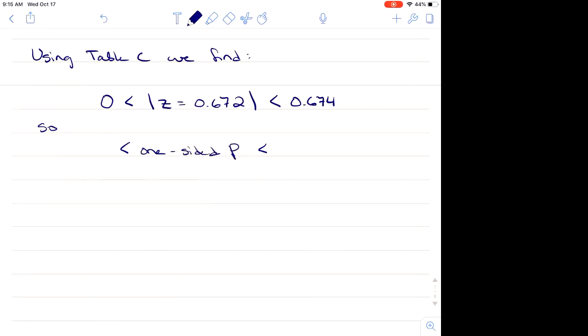It has to be larger than 0.25, because if we scroll down from 0.674, we get a one-sided P of 0.25. But if we have a Z of 0, Z of 0 is at the mean. At the mean, the area in the upper tail is 0.5, because the mean splits the distribution in half. So then we can say it has to be between 0.25 and 0.50.